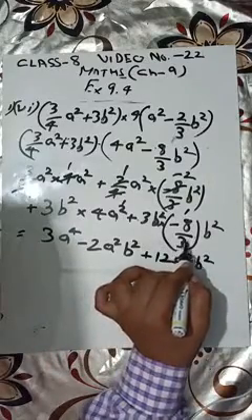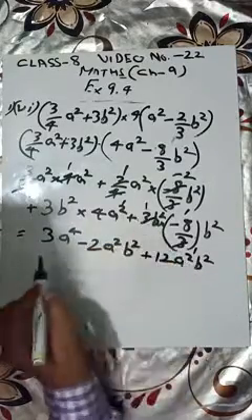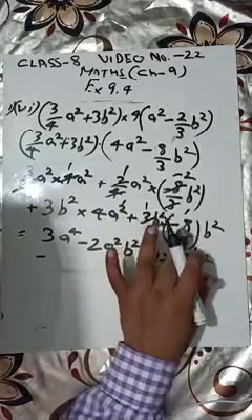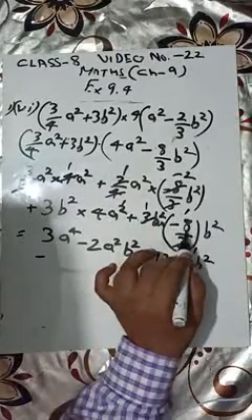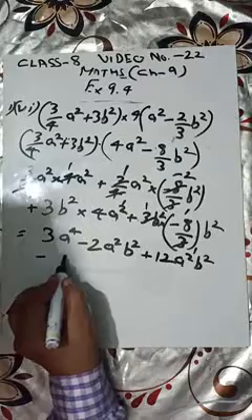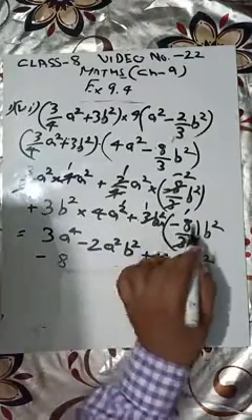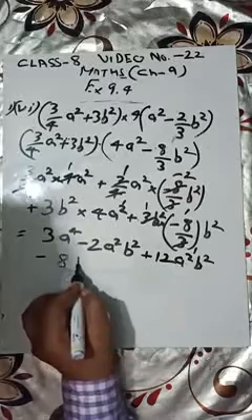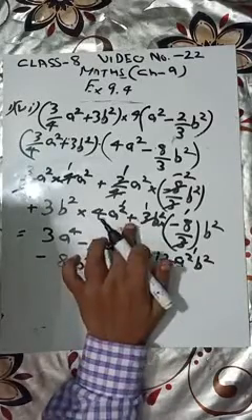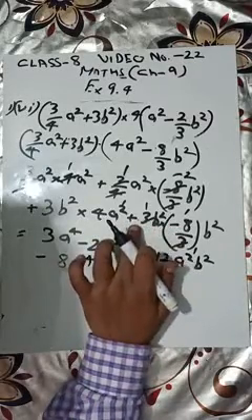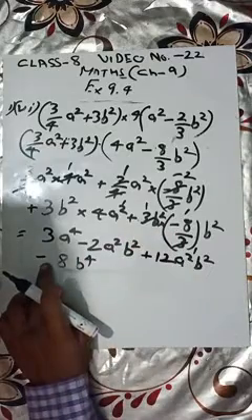Then 3 1 times, 3 1 times. Now 8 b square and this b square will be b to the power 4. This is a minus and a plus. Sorry, this is plus, this is minus. So the result will be in minus.